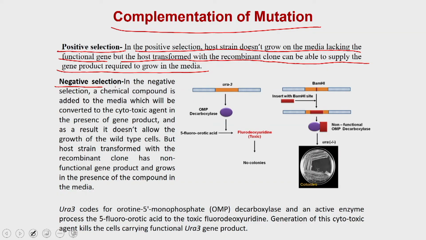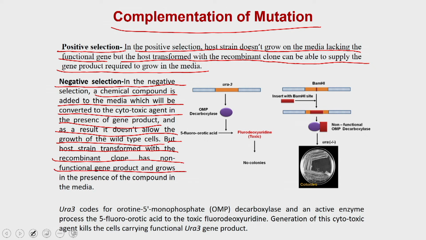Whereas in the case of negative selection, a chemical compound is added to the media which will be converted to a cytotoxic agent in the presence of the gene product, and as a result it does not allow the growth of the wild type cell. But the host strain transformed with the recombinant clone has a non-functional gene product and grows in the presence of the compound in the media.